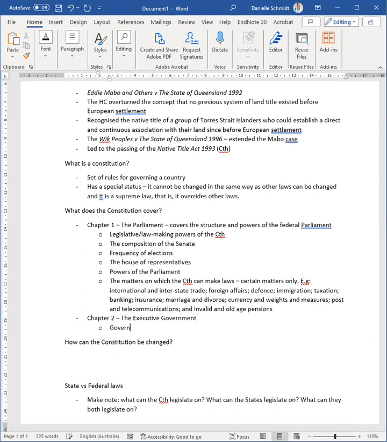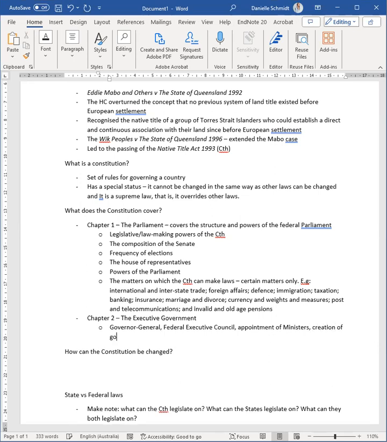So we've got things like the Governor General, Federal Executive Council, appointment of ministers, etc., creation of government departments.